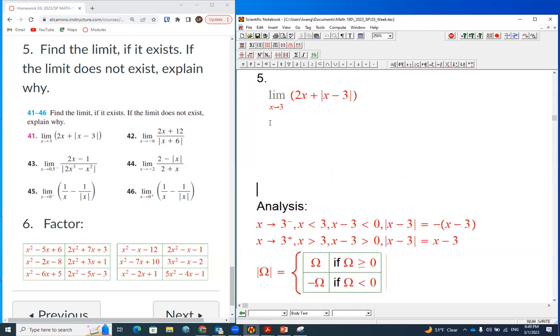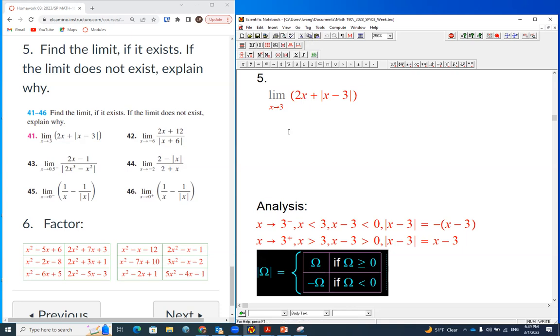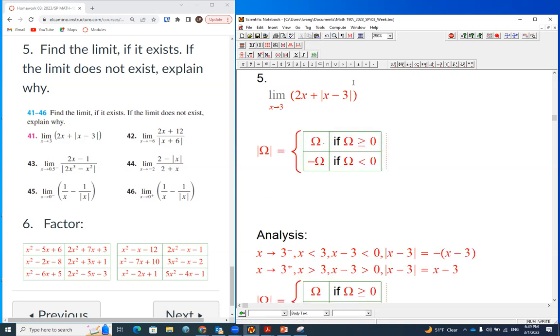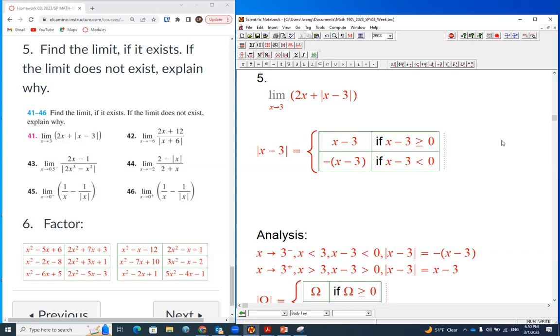When we work it, we're going to use this model, except in our case, omega is x minus 3. So all the omegas will be replaced by x minus 3, so we have to insert parentheses. You can see how easy that is if you understand that statement.